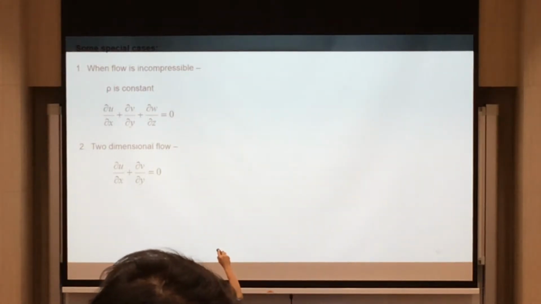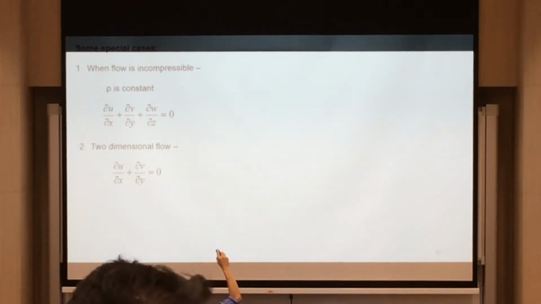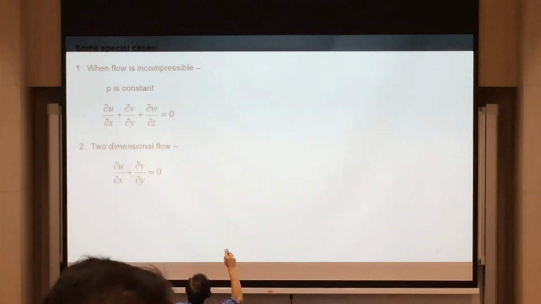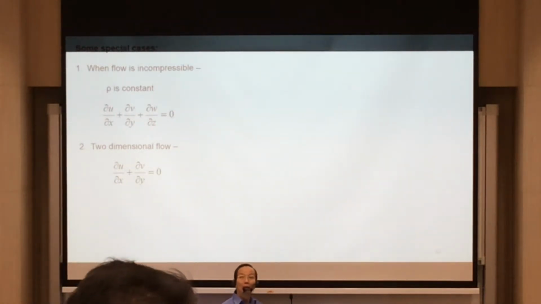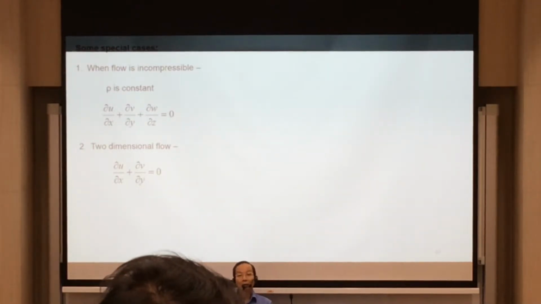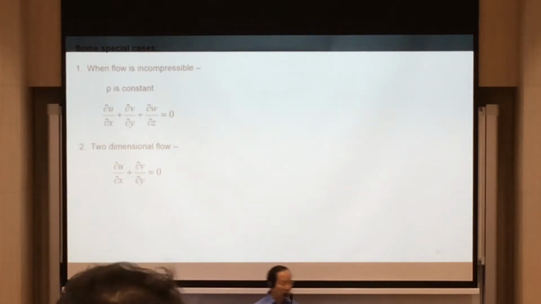You differentiate u with respect to x, differentiate v with respect to y, differentiate w with respect to z. You add it all together. If it is equal to 0, then the flow is incompressible. If it's not equal to 0, it is compressible.